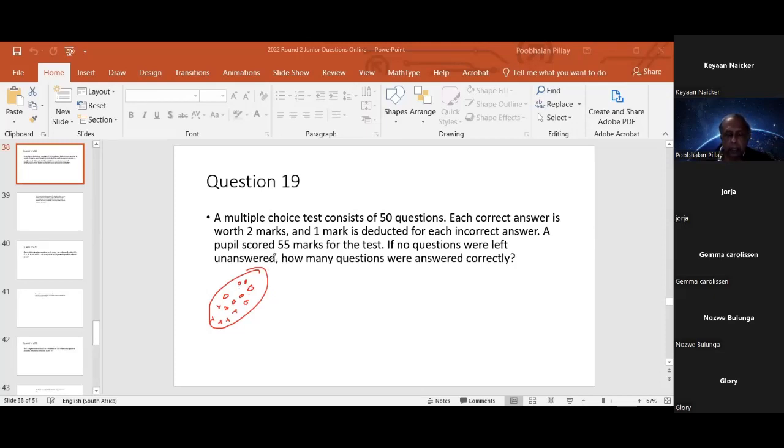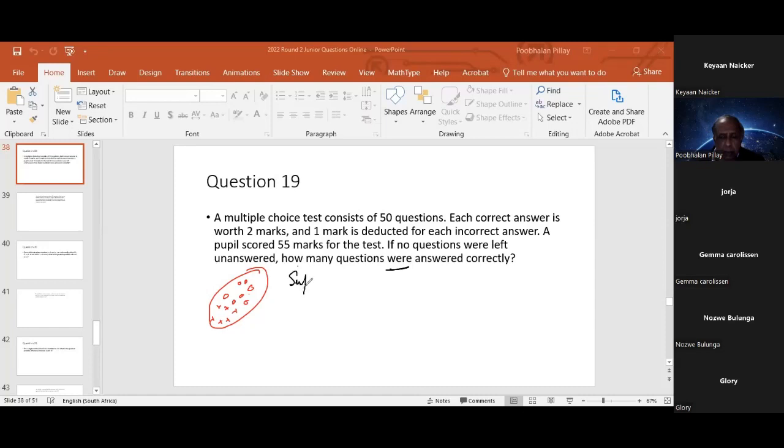And he scored 55 marks altogether. The only thing we don't know is how many were correct. The question is how many were answered correctly. So we don't know that, so let's call it X.